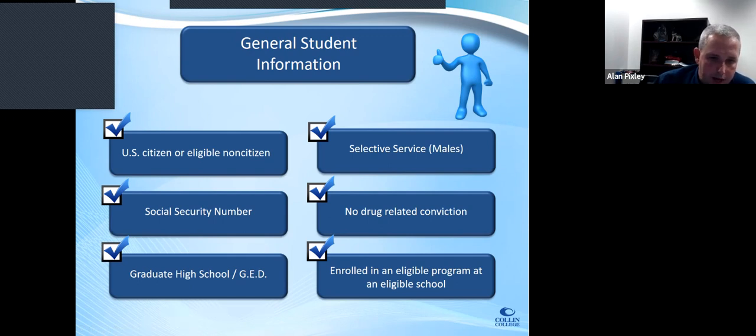You also have to have graduated high school and be enrolled in an eligible program at an eligible school. So there are some schools, maybe some for-profit schools, that might not be eligible for certain types of aid, but generally a private or public institution is going to have eligible programs.